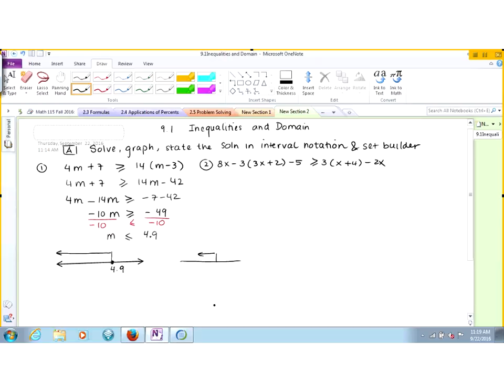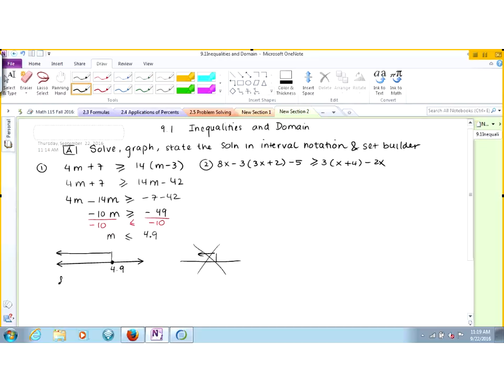So I don't want you to draw something like this, right? I'd like you to draw the arrow all the way till the end of the number line. So not this. Don't stop in the middle. When we do 9.2, you'll know why. Yeah, so it has to go all the way till the end of the number line.